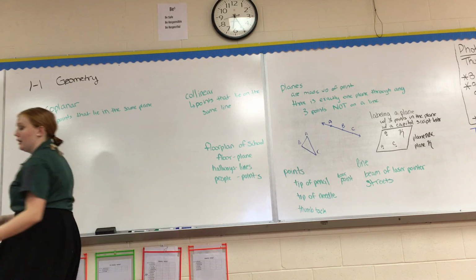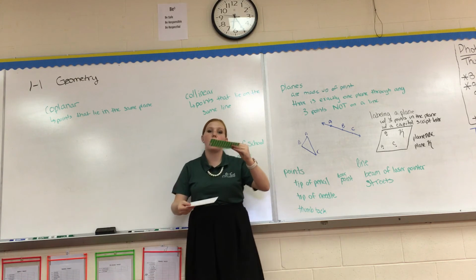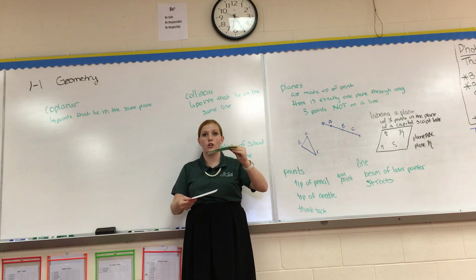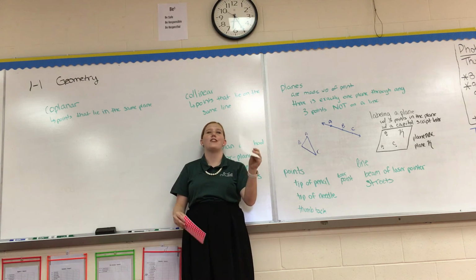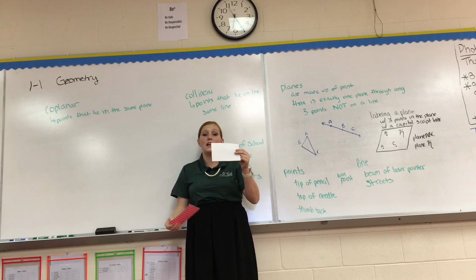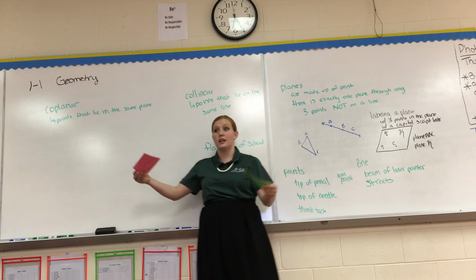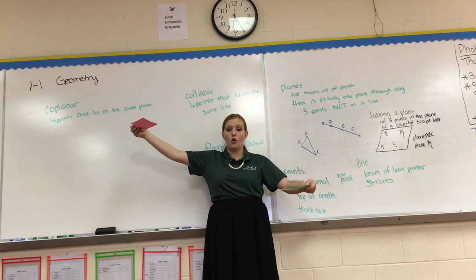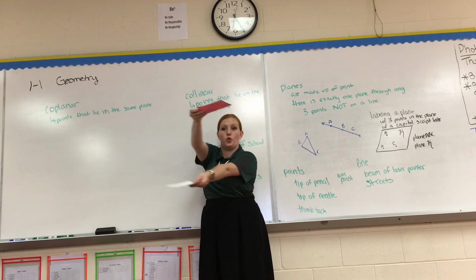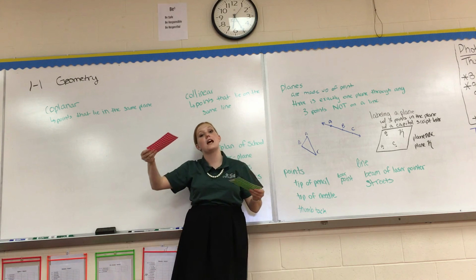If these two planes can be at different levels, can lines be at two different levels? No, lines are on a flat surface. So it'd be like here and here. But planes can be at different levels. That's why airplanes, if they're flying, can go and miss each other because they're on two different horizontal planes.